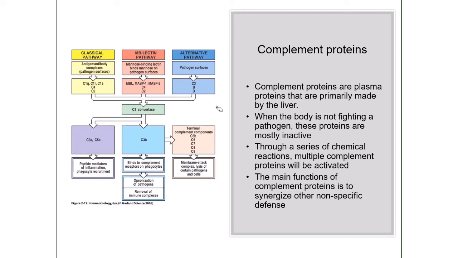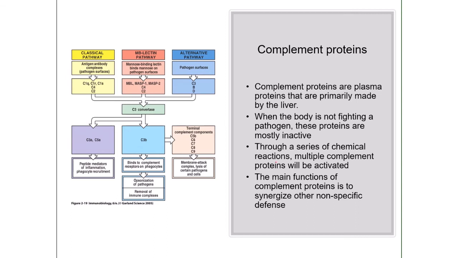Once you have an infection, though, you will want to turn on these complement proteins, and to do that, it's basically a cascade of chemical reactions, right? So C1qrs would activate C4, and C4 would in turn activate C2, and so on. It's like a domino effect: the activation of one complement protein results in the activation of the next.